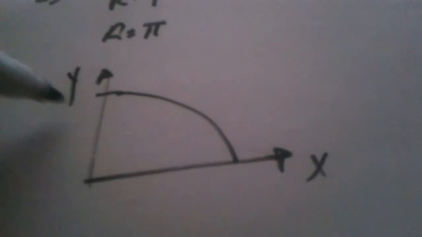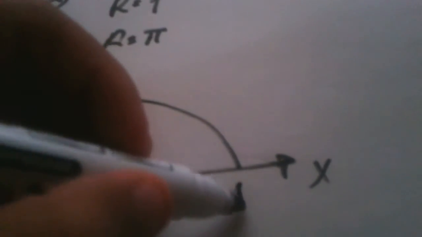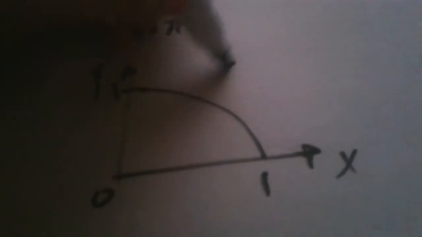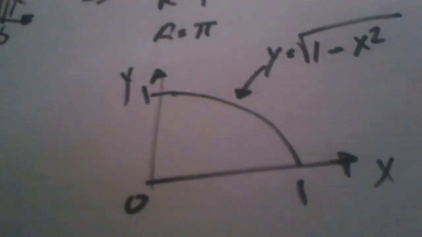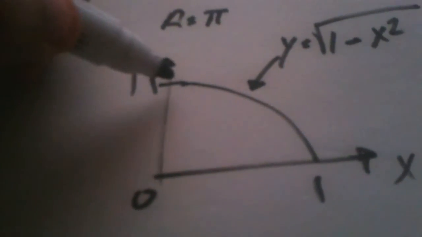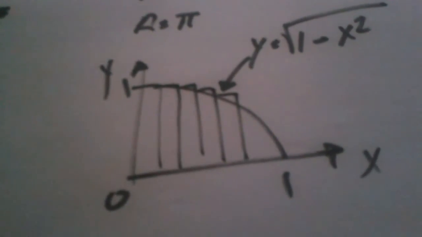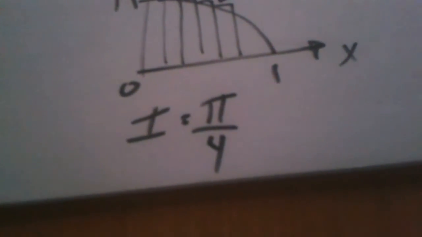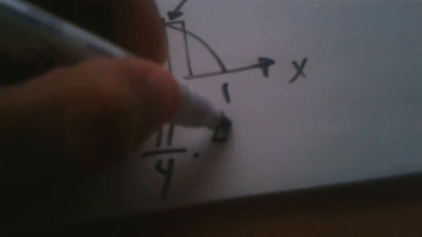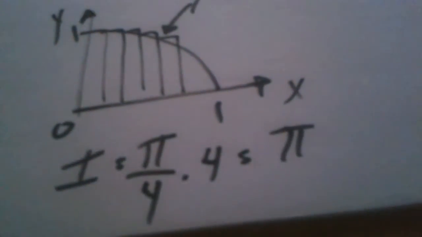So we have this function from 0 to 1, and this is y equals the square root of 1 minus x squared. Okay, so we are going to use multiple rectangles to calculate this integral. So the integral that we're going to calculate is pi over 4, right? And multiplying by 4 gives the value of pi that we want to calculate.